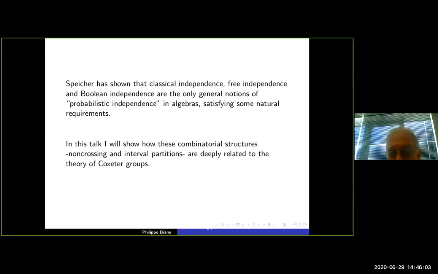This is the aim of this talk, to explain this and to show that one can generalize these objects to very general finite Coxeter groups. And they have some very deep properties which are not so apparent when you look at them at first sight.